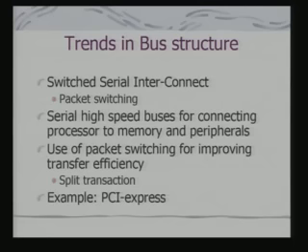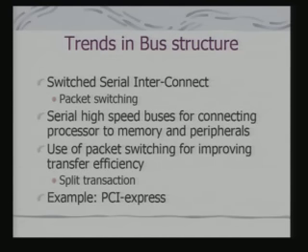And what are the current trends? We have seen that when we looked at the interfacing protocols, primarily serial interfacing has moved into a kind of switched network. In fact, packet switching is typically the trend.